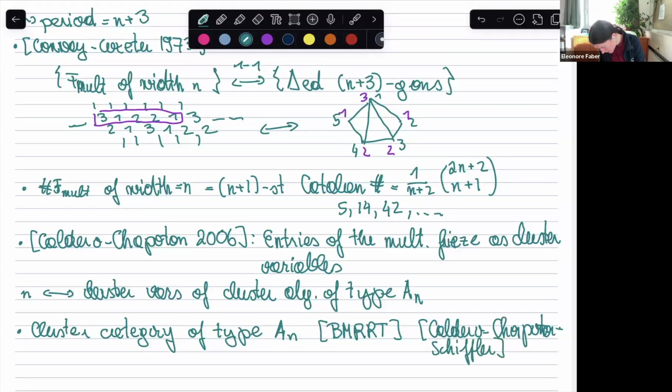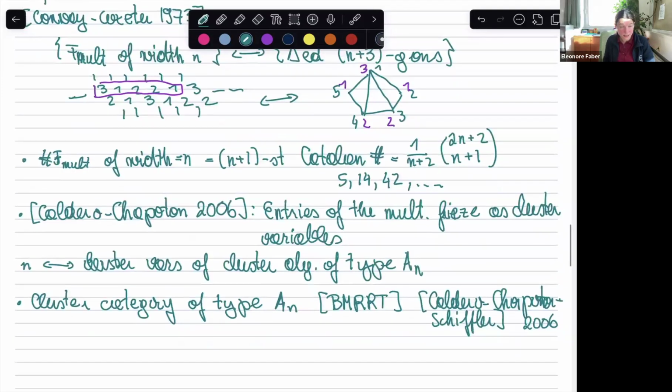They're both from 2006. So you can associate the cluster category CAN to this, which is the bounded derived category of modules over the path algebra of the quiver AN. And then you mod out by the power inverse shift.